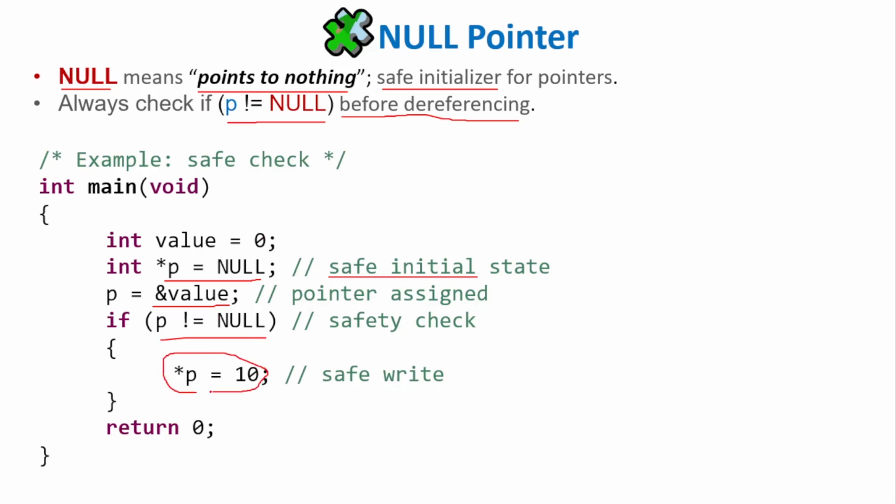If the pointer were null, the program would simply do nothing, avoiding undefined behavior. This simple check is a common and important practice in embedded systems to ensure safe and reliable pointer usage.